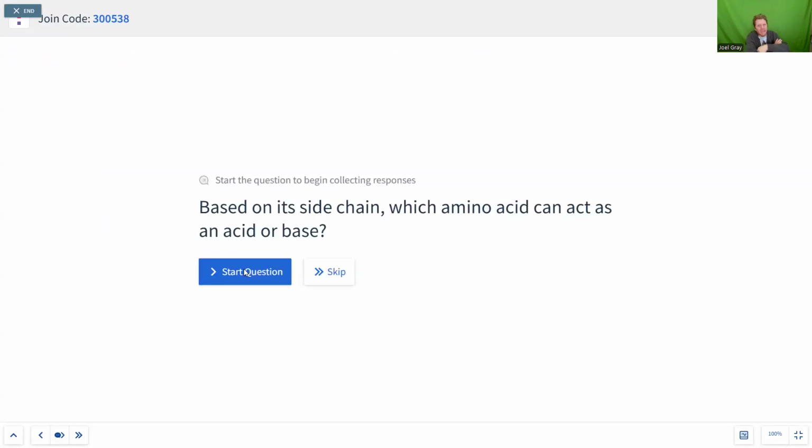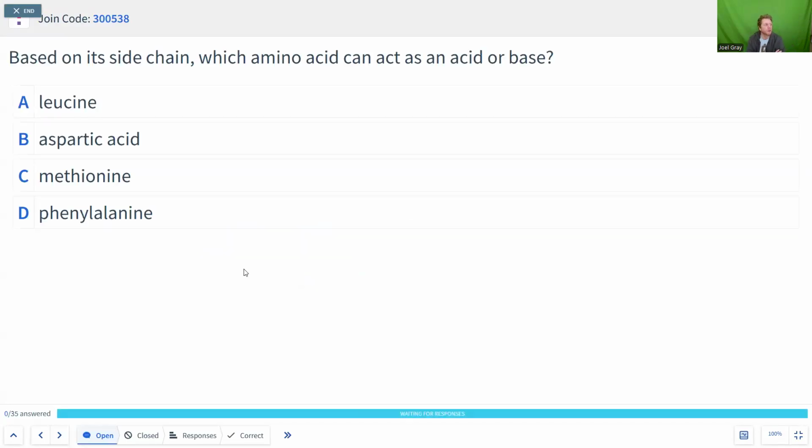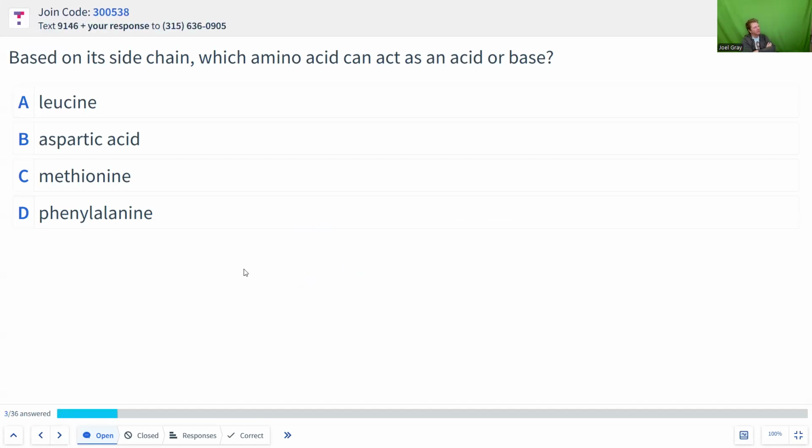Now, based on the side chain, so the R group, which amino acid can act as an acid or a base? It can donate protons or accept protons. Aspartic acid, leucine, methionine, phenylalanine. There's a couple of different options there. We're talking about just the side chain, not the N terminus or the C terminus or the peptide bond. We're just talking about the R groups.